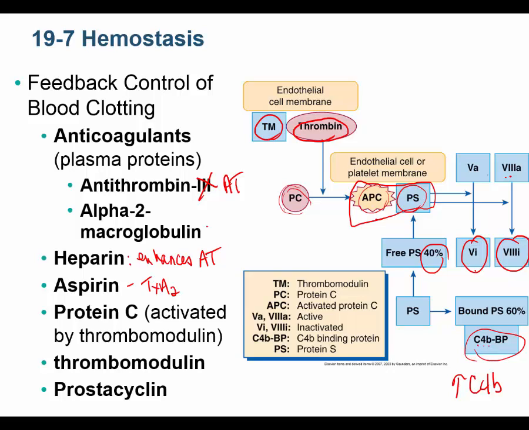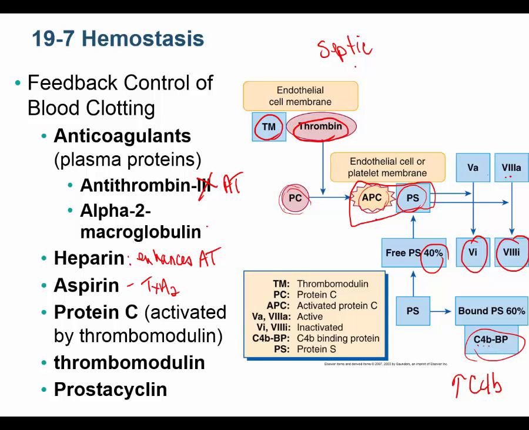Then you increase your C4B and C4B binding protein complex, and that chelates or sequesters more protein S. So I have less free protein S floating around, able to make an activated protein C, protein S complex. So I don't inactivate 5 and 8A as much. So this very infection that made complement increase can lead to septic DIC.